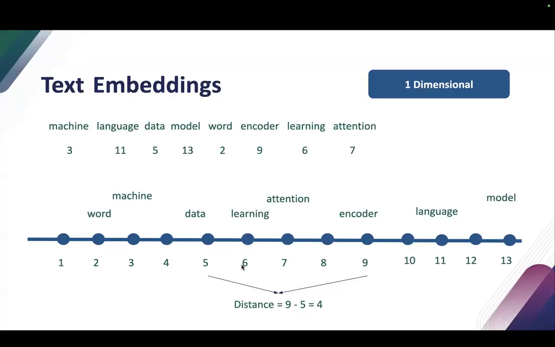So the interpretation in this one-dimensional embedding space is that attention and learning are closer. They are closer in the embedding space, so they are more similar than encoder and data. Obviously, this is just a random example, but it's just to illustrate how words can be connected to one another in an embedding space.